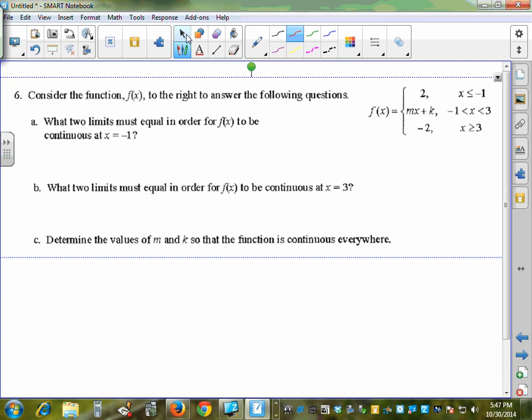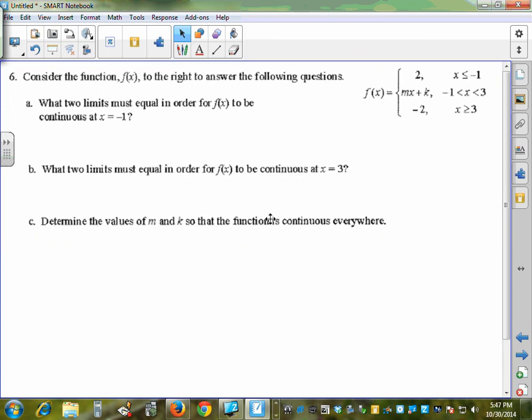Okay, let's look at number 6. We have this function. What two limits must be equal in order for the function to be continuous at -1? That would involve the limit of this piece.